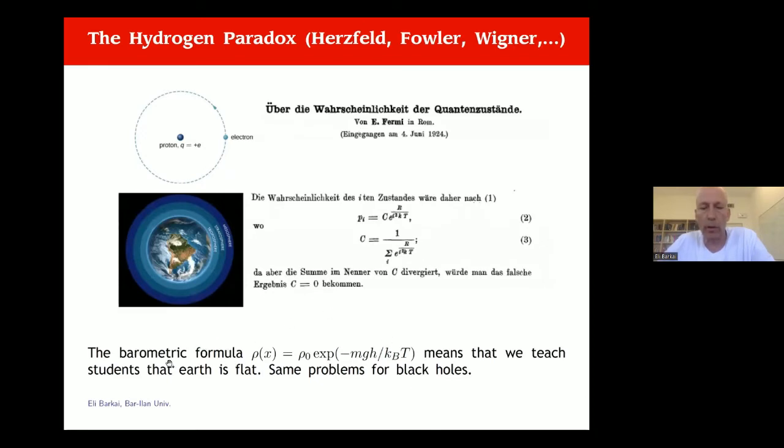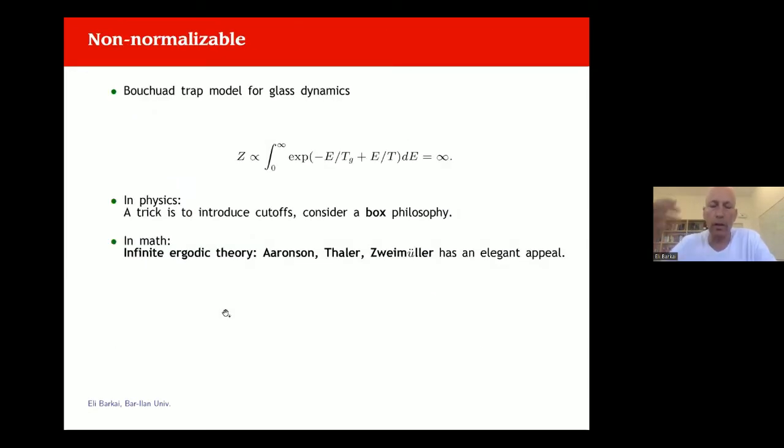This is Fermi's barometric formula with the distance divided by k_B T. However, this is true only if Earth would be infinite and flat, because eventually the force will decay, and then all the atmosphere in principle should be gone to hell, because again, the normalization, the partition function, is infinite in these systems. This is the reason why in statistical physics textbooks, you usually don't teach these types of problems. This is only one example of a diverging partition function.